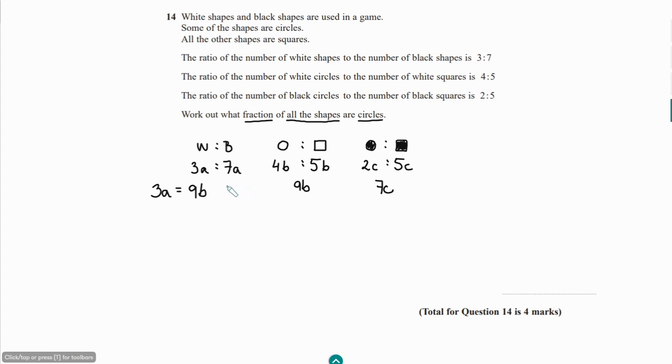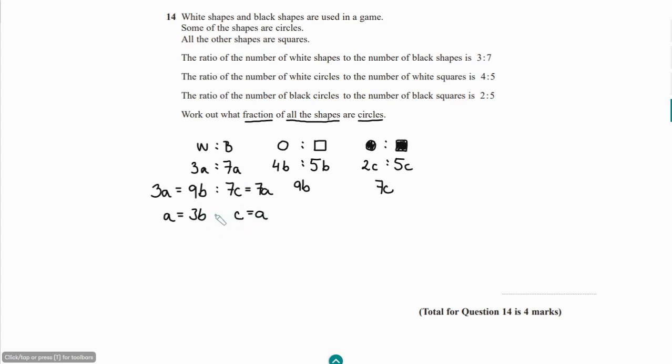So I'll put 7c here underneath, which is really equal to 7a. So we could put it in a ratio, because 3a to 7a is now the same as 9b to 7c. Now from here we can see that if we divide by 3, 1a equals 3b. And here obviously c equals a.